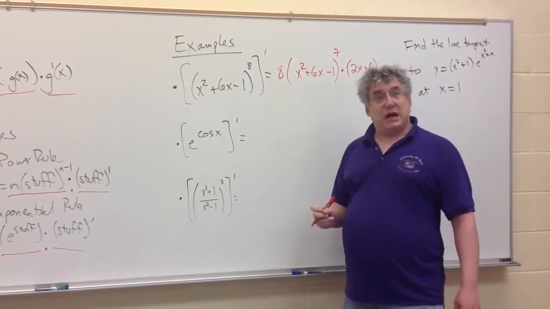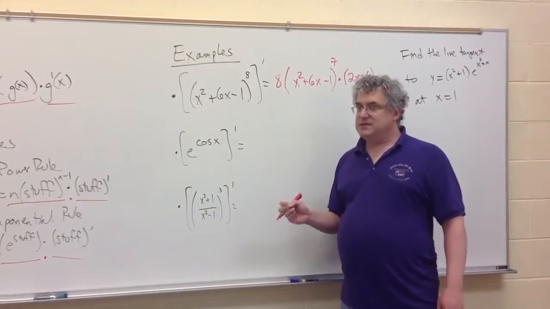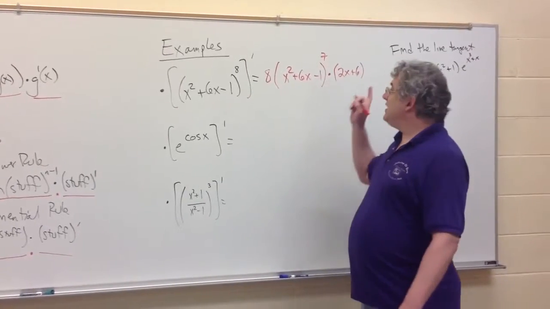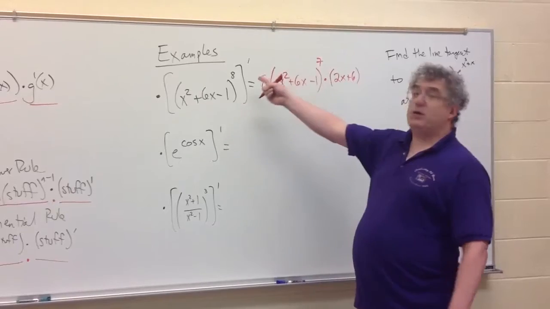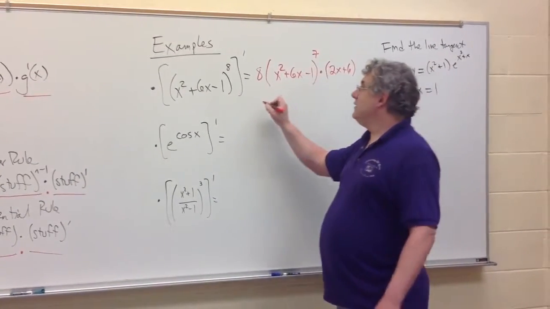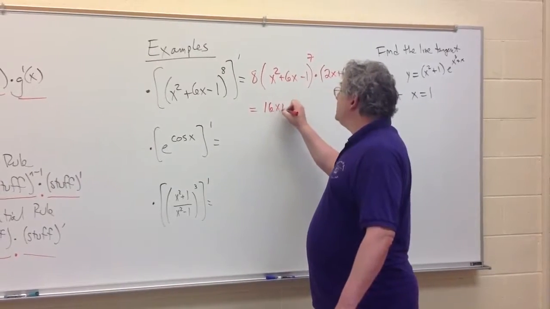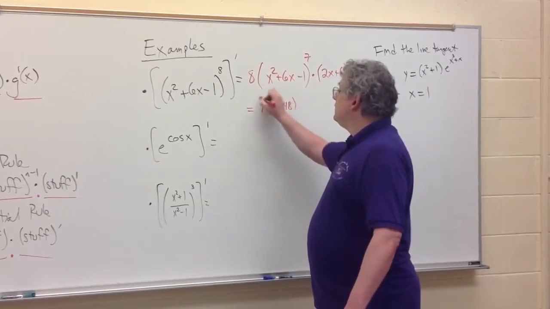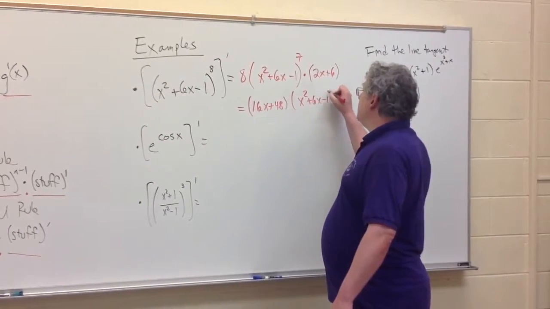We could possibly stop there or we could combine. It's often good to combine things. Not always. Sometimes it's good to actually factor them. But if we're going to combine this 8 and this piece, they don't have any powers on them. They could just be multiplied. This is to the 7th, so we don't want to combine that in there. So if we were going to combine, we can take those together and get 16x plus 48 all times x squared plus 6x minus 1 to the 7th.